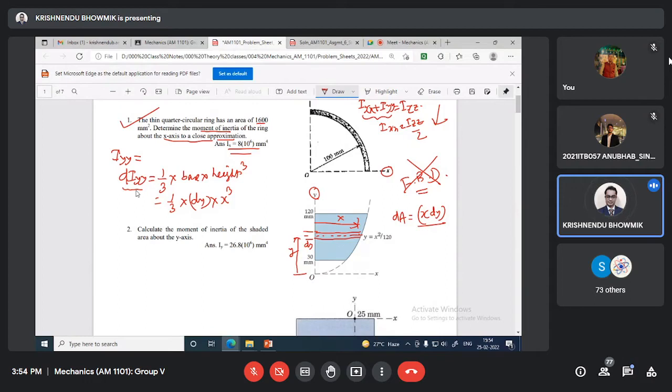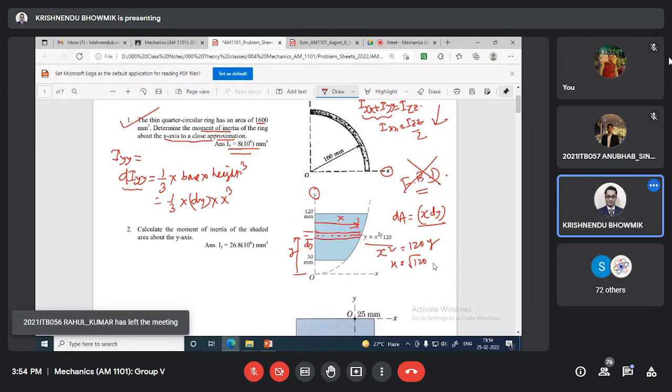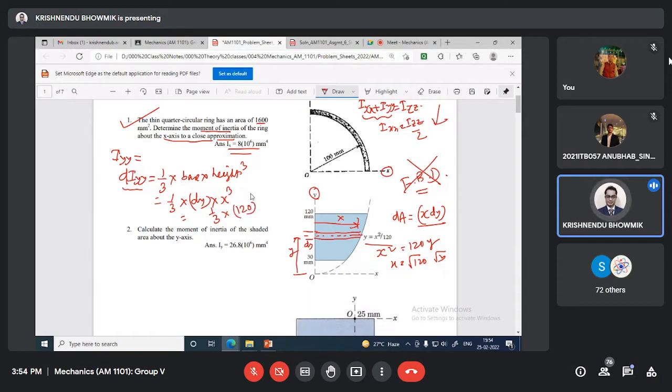This is the dIy. So what is the relationship given? This x square equals 120y, so x equals square root of 120 times square root of y. Is it not? So here it is one third multiplied by 120 power 3 by 2 multiplied by y power 3 by 2 dy.